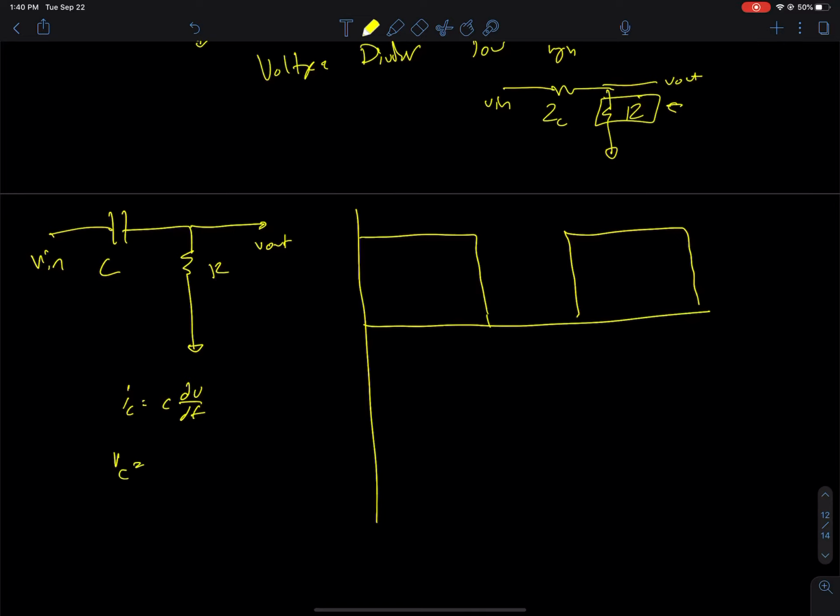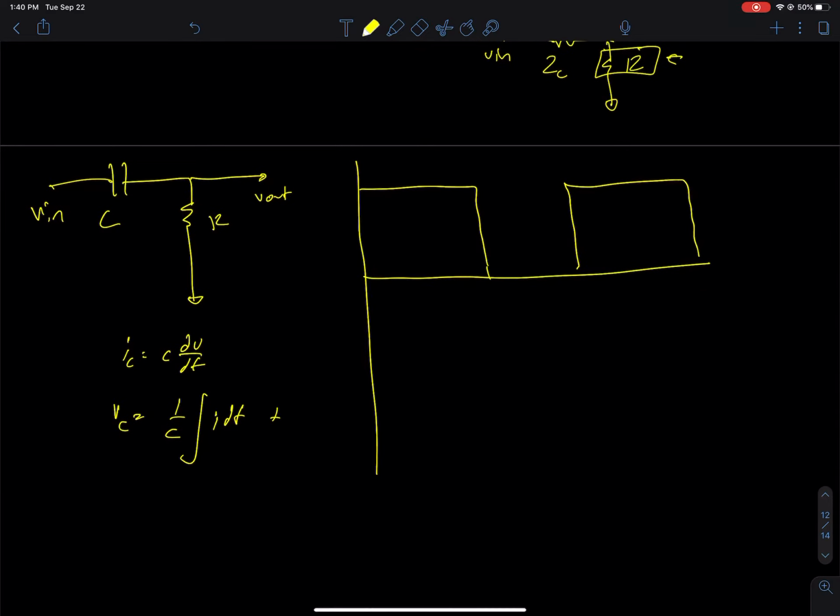The VC equals something like 1 over C integral of I dt, plus something.